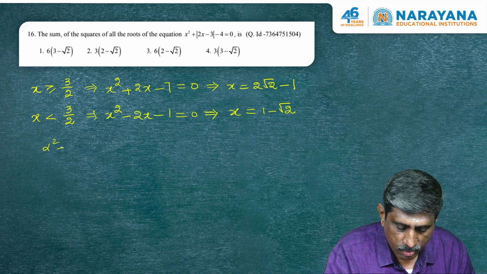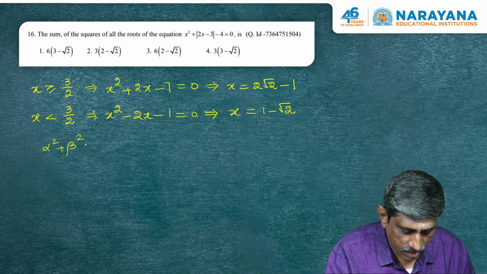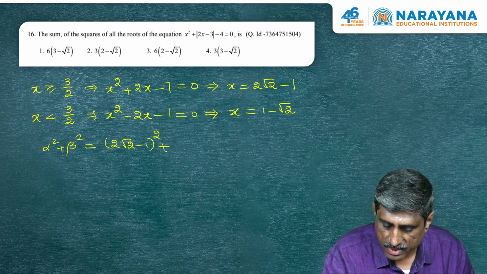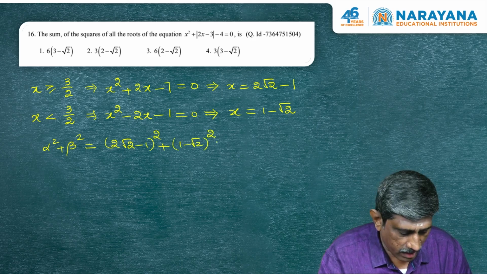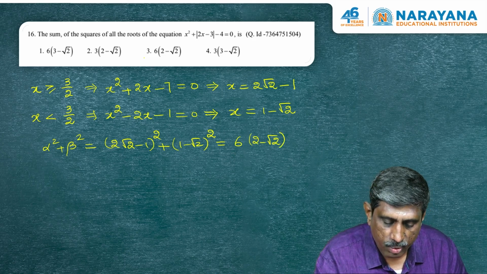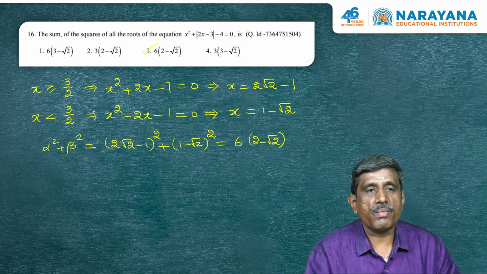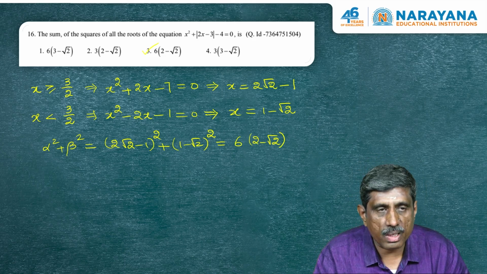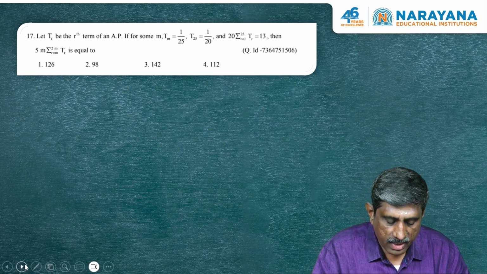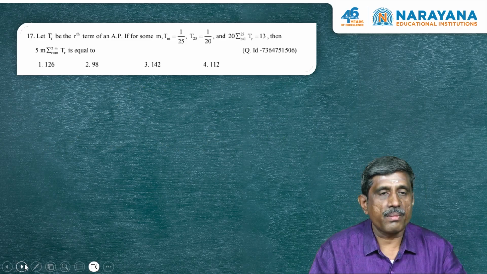So, alpha square plus beta square is going to become 2 root 2 minus 1 the whole square plus 1 minus root 2 the whole square, and the answer is 6 times of 2 minus root 2. 6 times of 2 minus root 2 is the correct answer for this, which is question number 16 under quadratic equations. Let us move on to the next question, number 17.